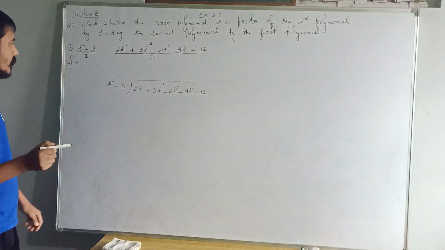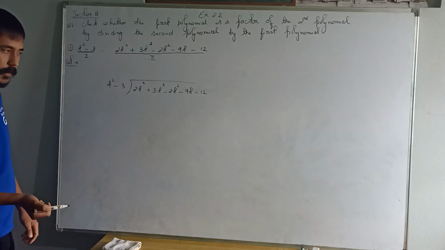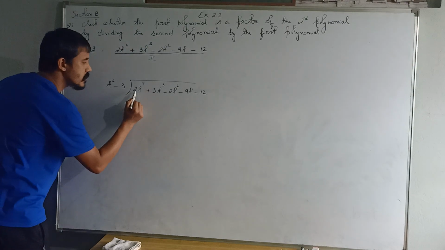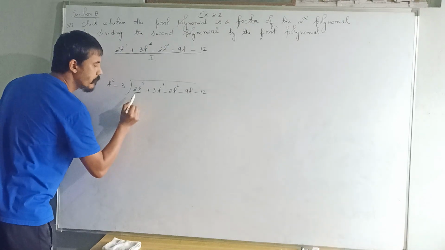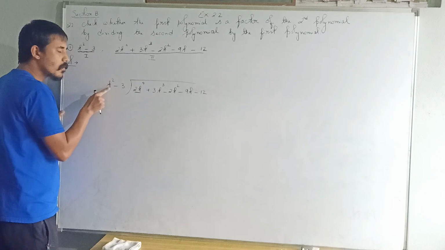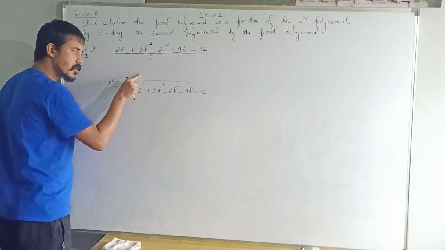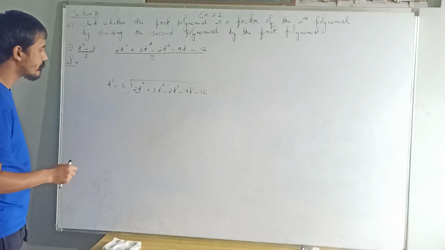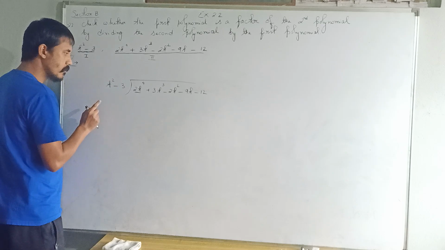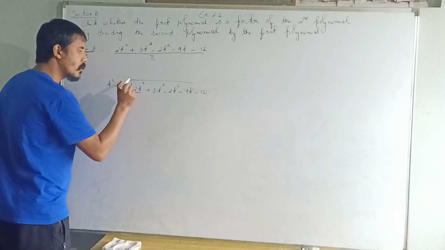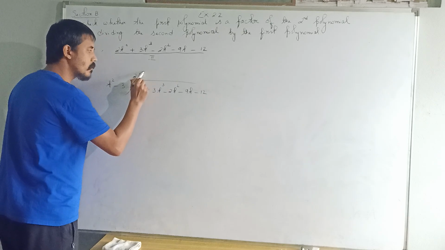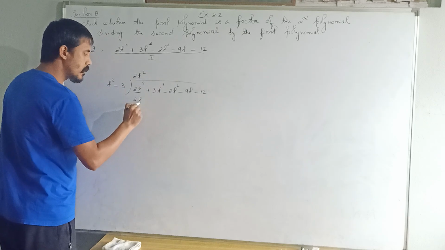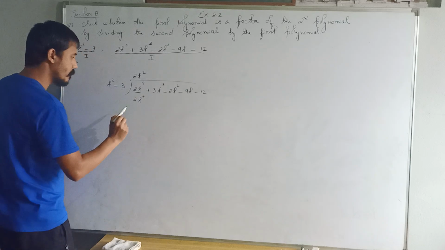Only one rule, always make the first term equal. And the first term is 2t to the power 4, right? T square multiplied with which term will give us 2t to the power 4? 2t squared. Yeah, t square multiplied with 2t square gives you 2t to the power 4.